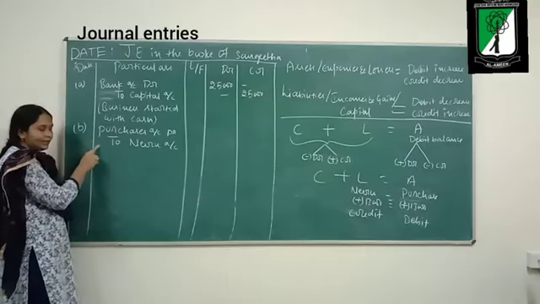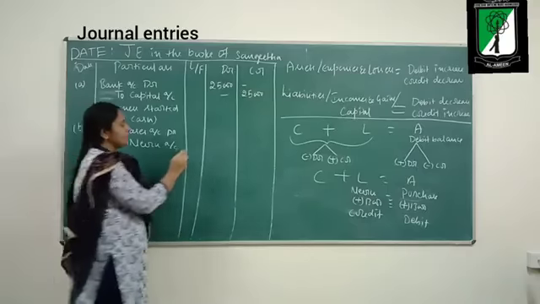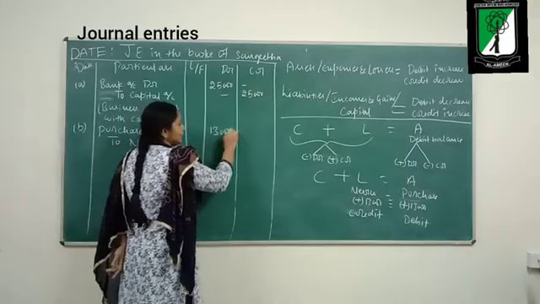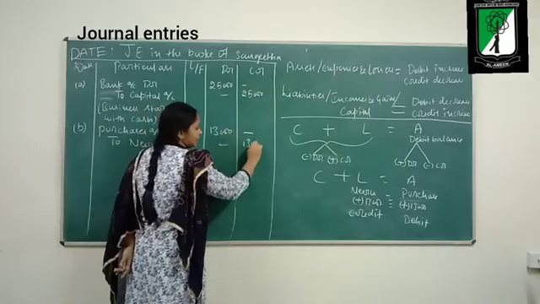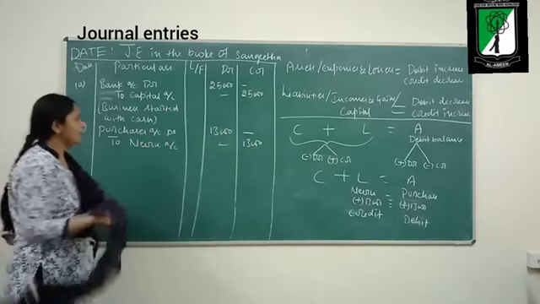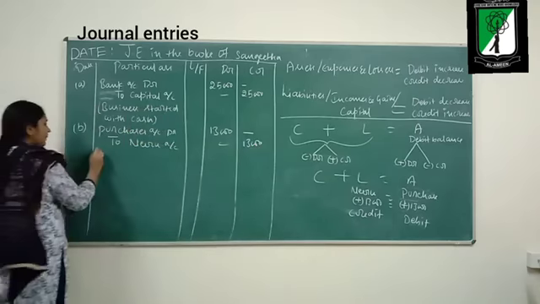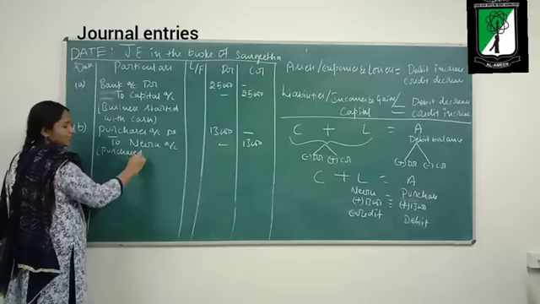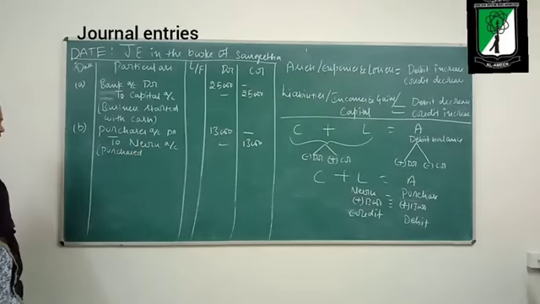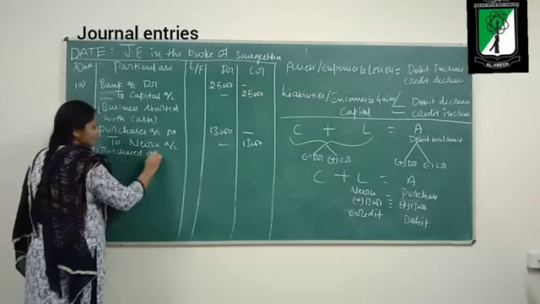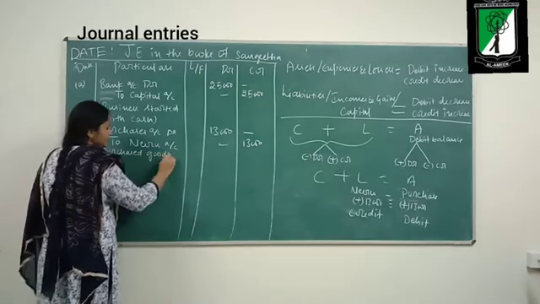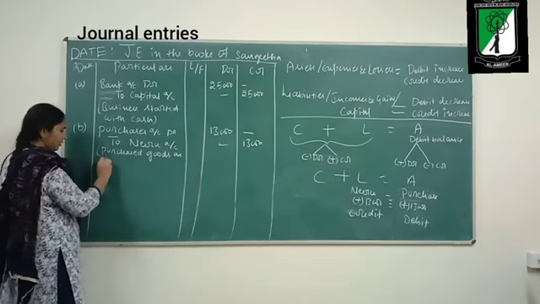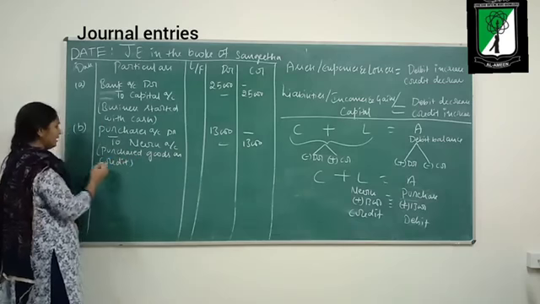To start the credit entry, I should leave some space. What is the value of the goods? 30,000. Write the narration: purchase goods on credit. This is the narration.